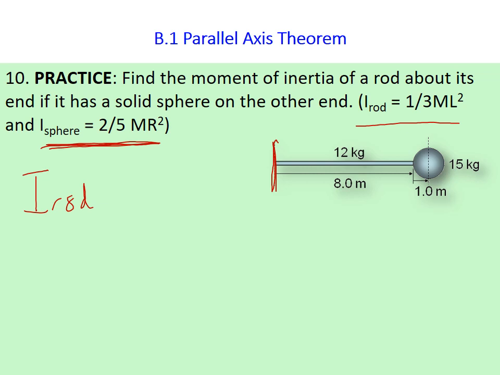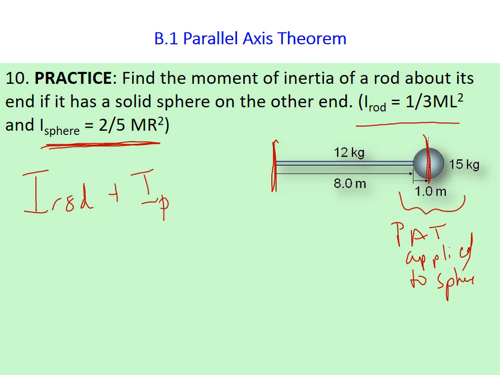And then we will apply the parallel axis theorem, PAT, to the sphere. So we will sum the parallel axis for the sphere to get the total moment of inertia.